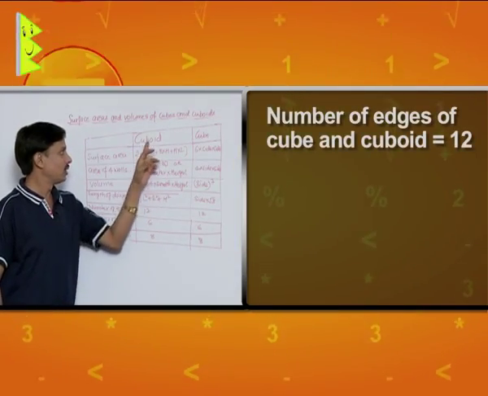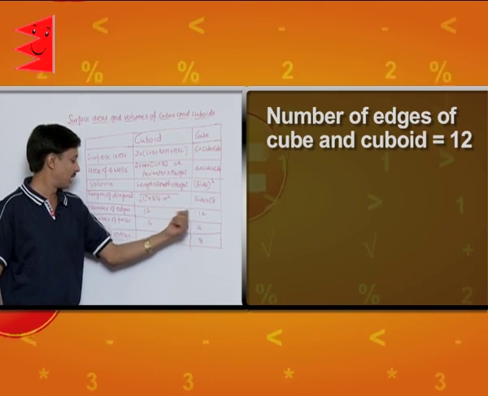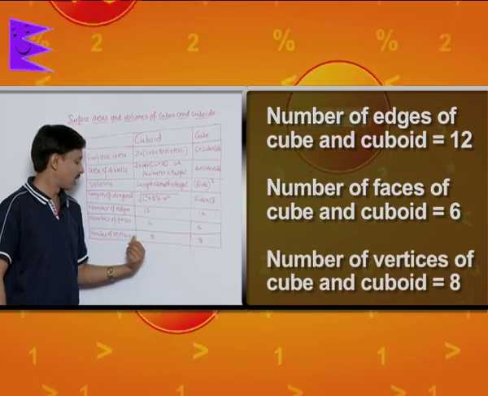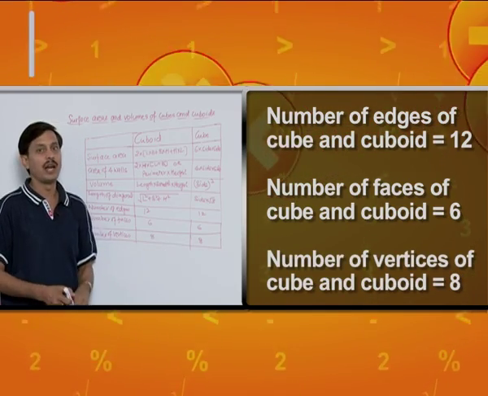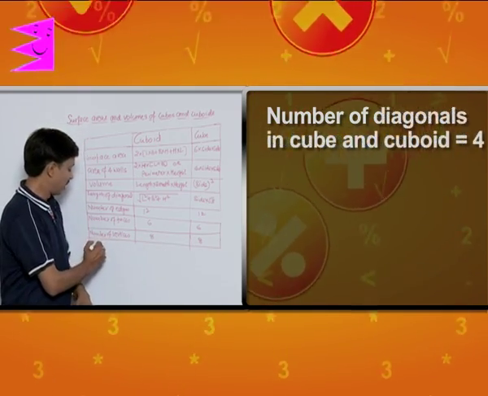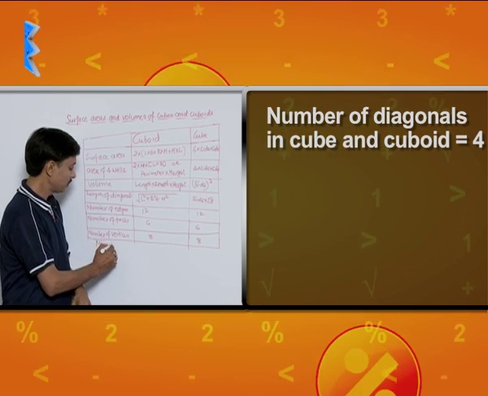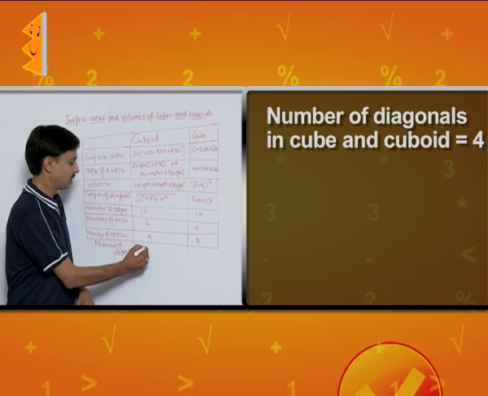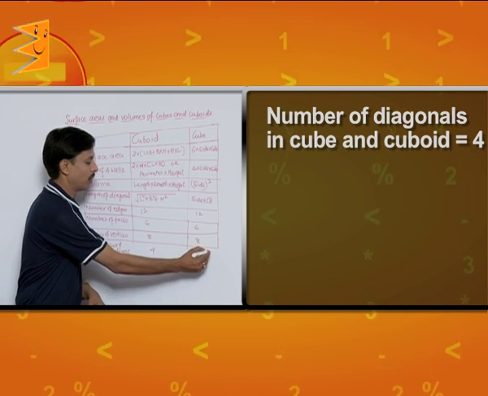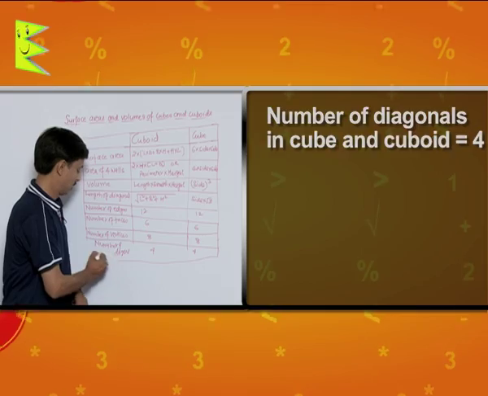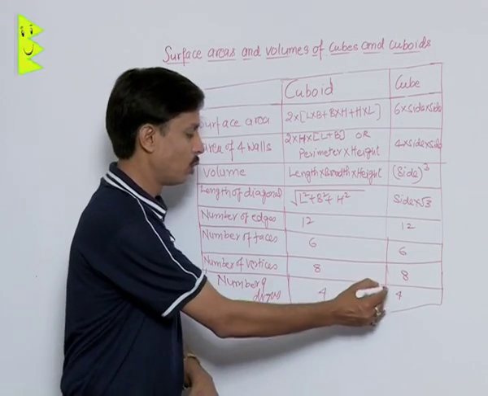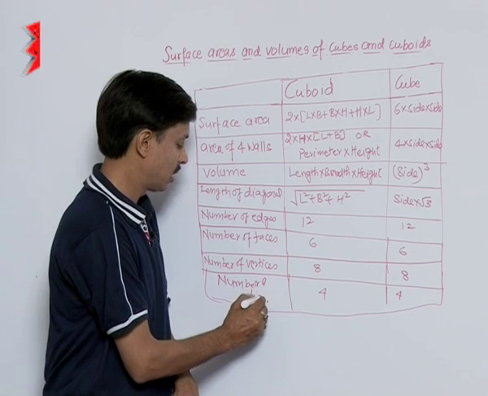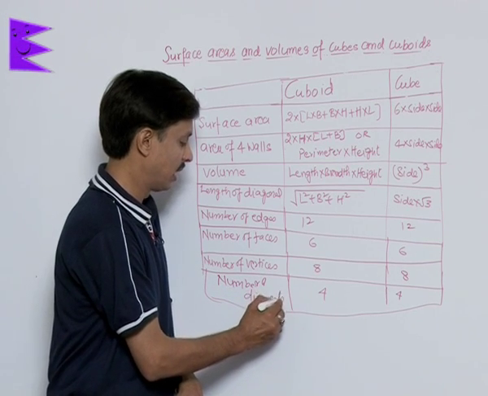The number of edges in a cube and cuboid is both 12. The number of surfaces is 6 and 6. The number of vertices is 8 and 8. And the number of diagonals is 4 in both cases, whether it is a cube or a cuboid.